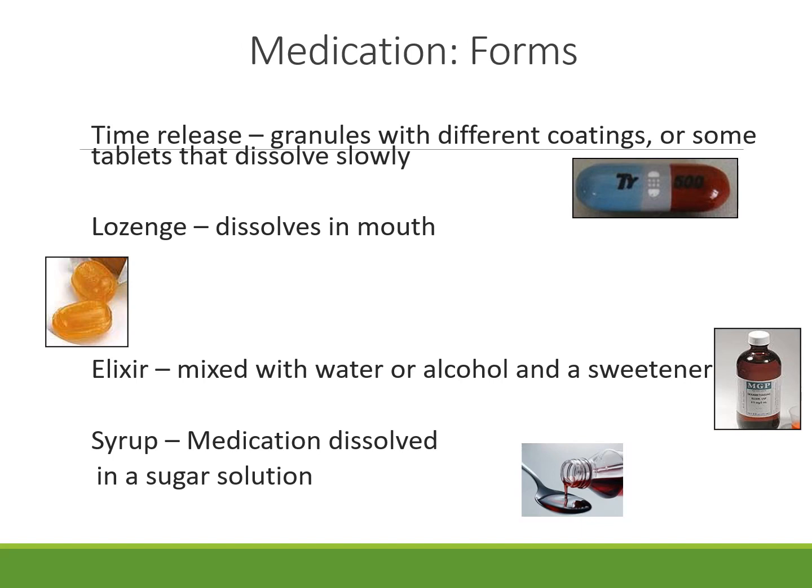Elixir is mixed with water or alcohol and sweetener. An example here is MGP. We also have the syrup. These are medications dissolved in a sugar solution. Syrup usually comes in a bottle, but also has different flavors.